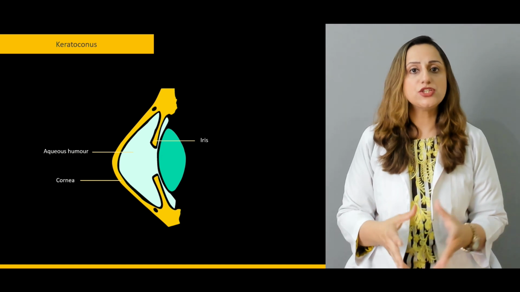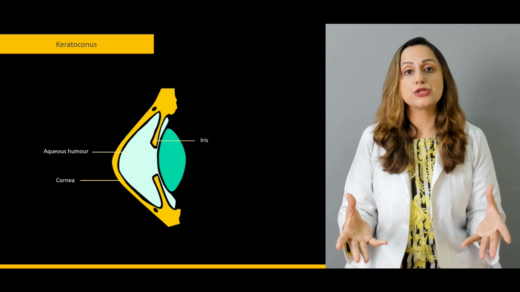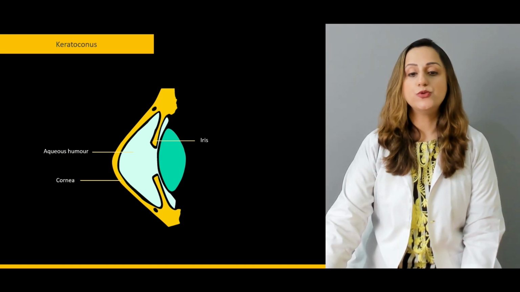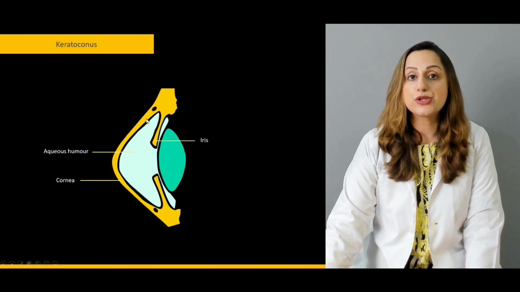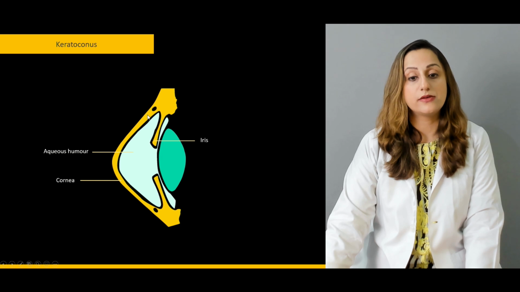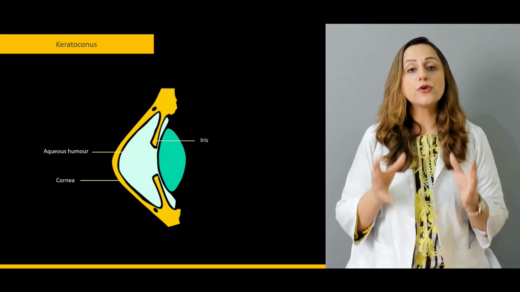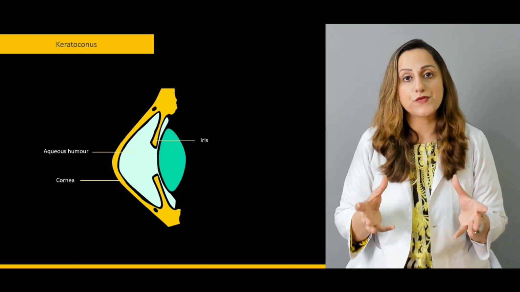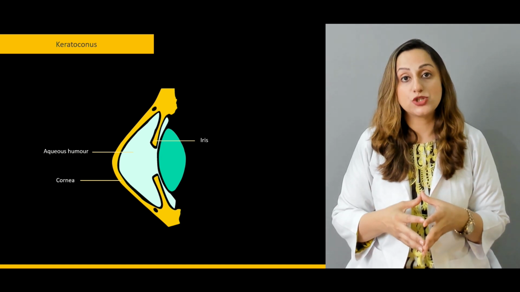Now, the typical features that you're going to look for, the signs of keratoconus over here, are again very important. You will be starting through the periphery. You're going to look for the signs of the Fleischer ring, right on the periphery of the cornea. This is one of the ring formations that you would observe in these patients.